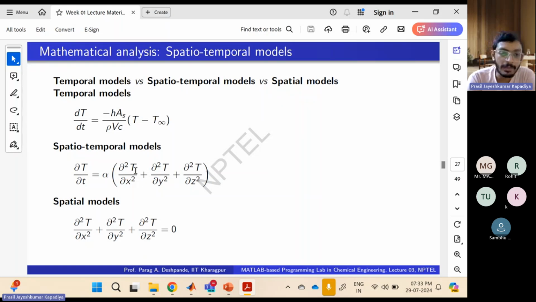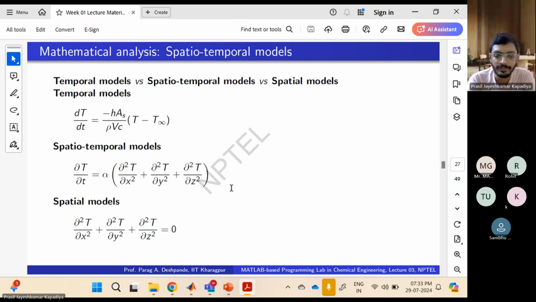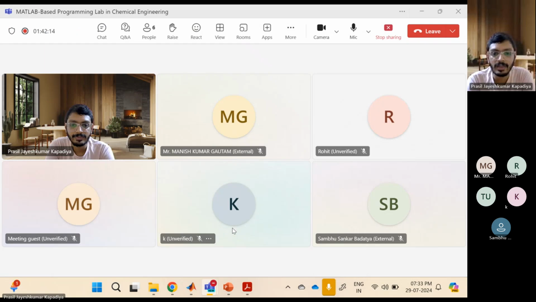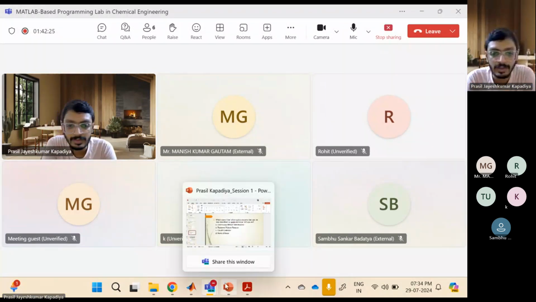And in the spatial model, temperature is only varying with x, y, z, that is location, not in time. So this is called temporal, this is spatio-temporal, and this is spatial. Okay. Is this clear, everyone? Sambhu? Yeah, okay. Please stop me if you are not understanding anything.